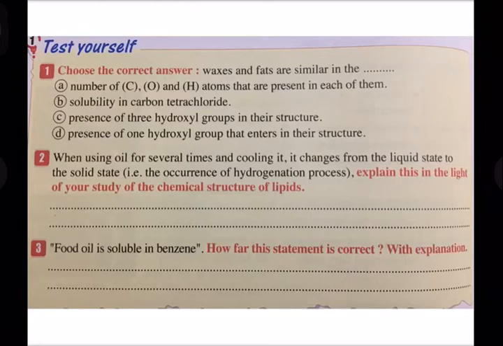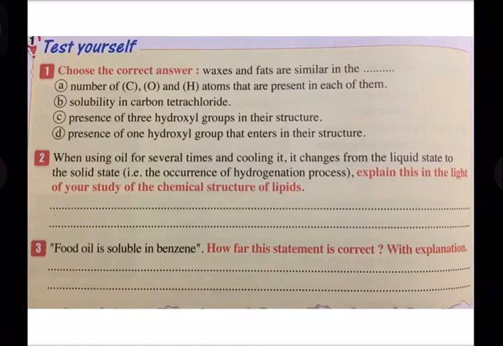Solubility in carbon tetrachloride كلهم soluble in carbon tetrachloride. Presence of 3 hydroxyl groups طبعا الواكس مفيهاش، فيها mono hydric acid، يعني فيها 1 hydroxyl group اللي هي آخر واحدة، فالإجابة هتبقى B.